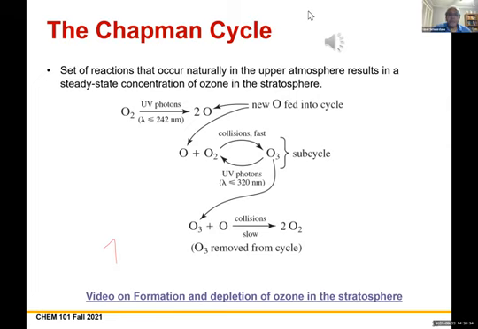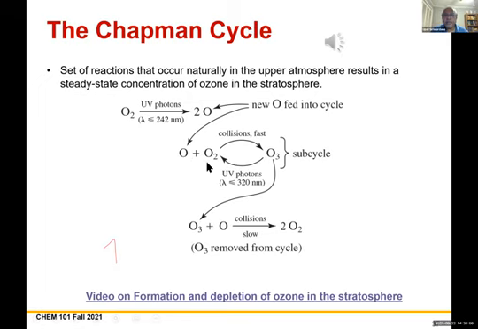Here, oxygen is broken into two oxygen atoms by UVC. We told you UVC is the highest energy. Some new atomic oxygen is fed into this.